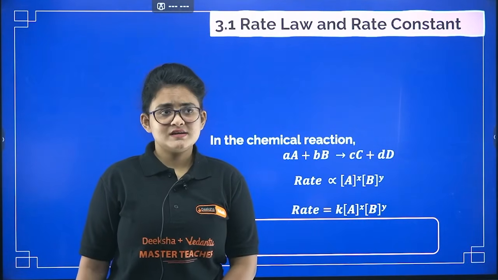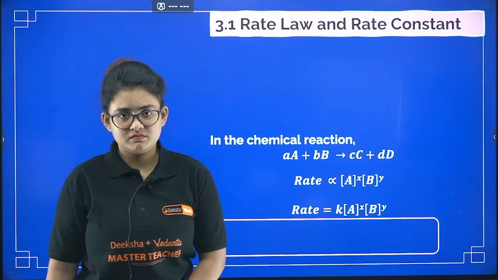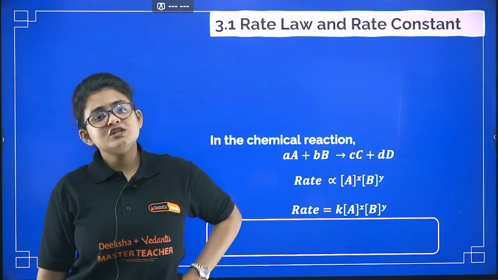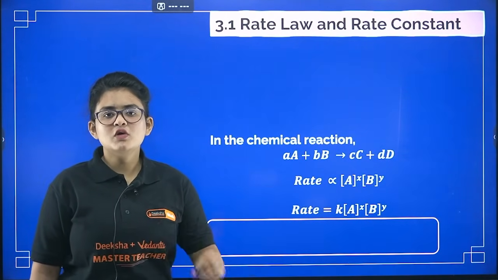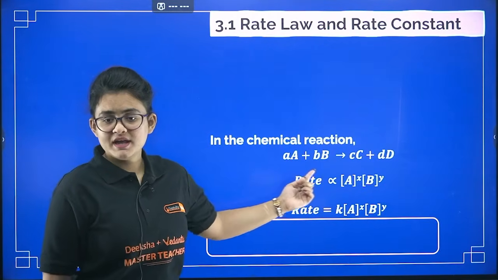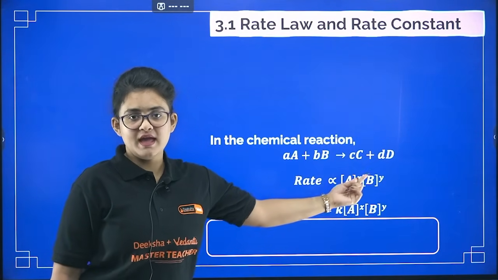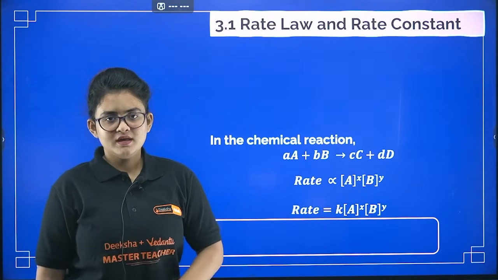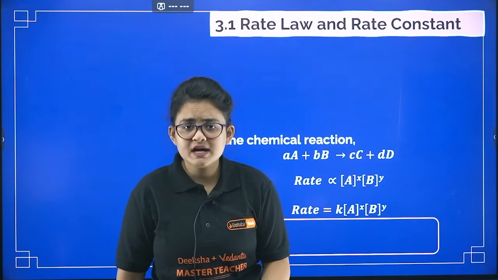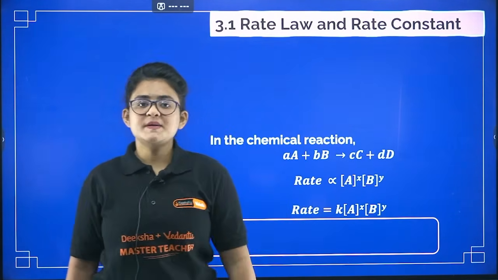That is an elementary reaction, single step. If the reaction is not elementary, then you can't put these stoichiometric coefficients in the power of A and B. Then from where will these powers x and y come? It will come experimentally, my dear.